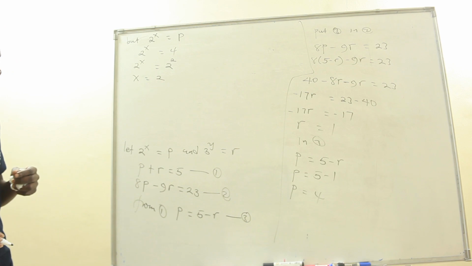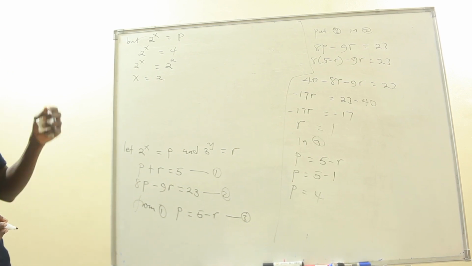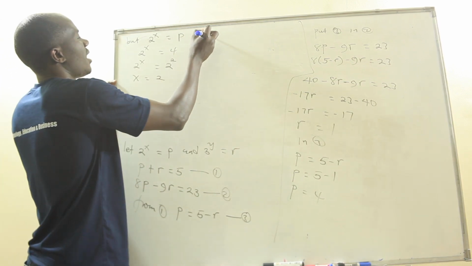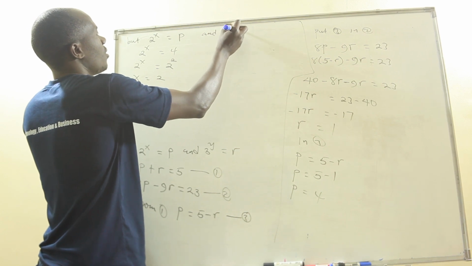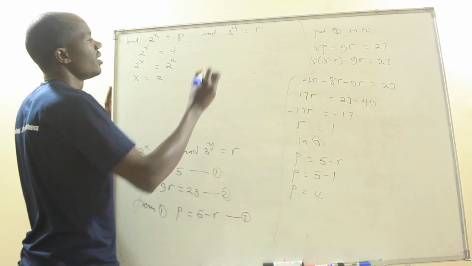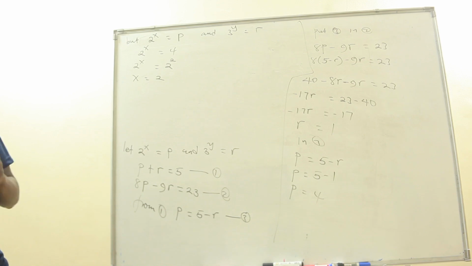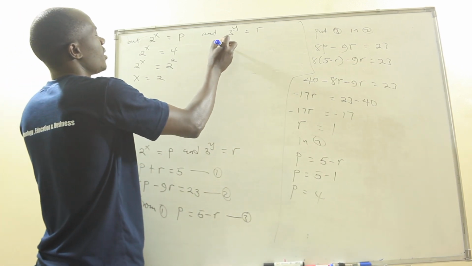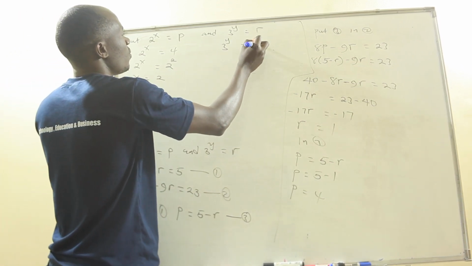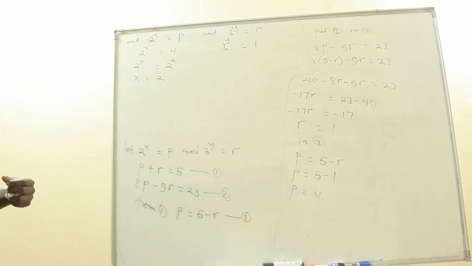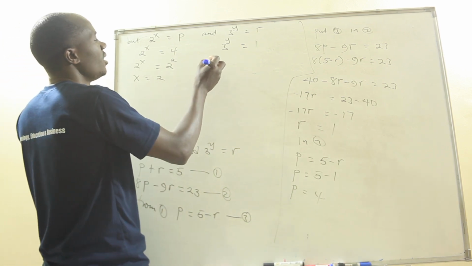And we also said that 3 power y was equal to r. Now, our r is already 1. So this is the same as 3 power y equals 1. Which number can you power and come out with 1? That means it's 3 power 0, because any number power 0 is the same as 1, which we already proved.